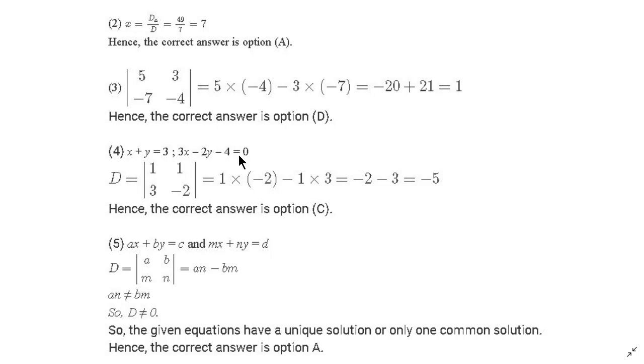For doing it, minus 4 will go to the right hand side as plus 4. So D is equal to the coefficients of x, which are 1 and 3, then the coefficients of y, which are 1 and minus 2. After solving this determinant, 1 into minus 2 minus 1 into 3 is equal to minus 5. The option C is correct.